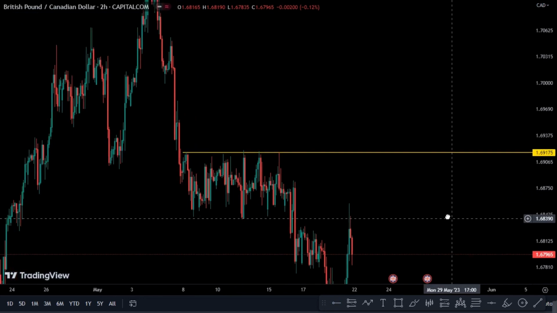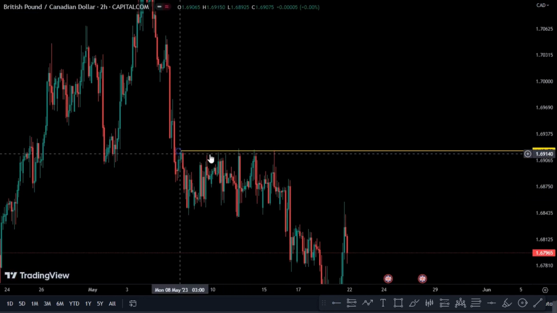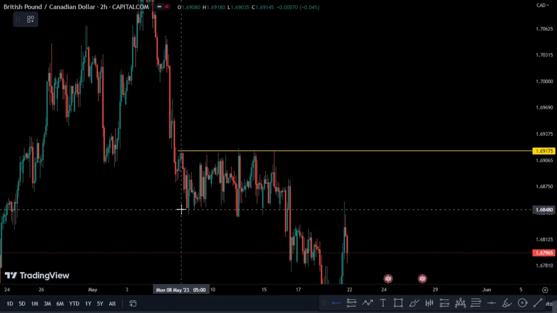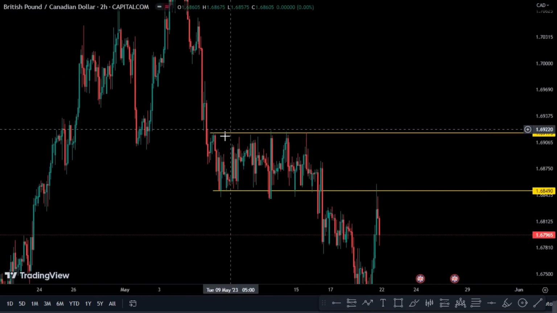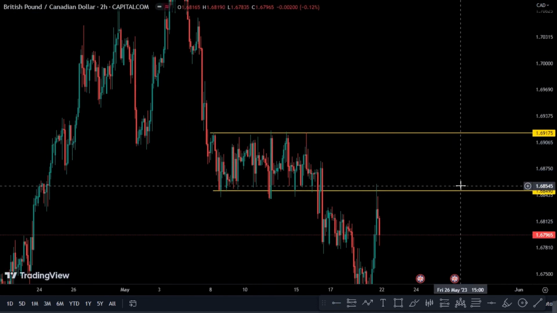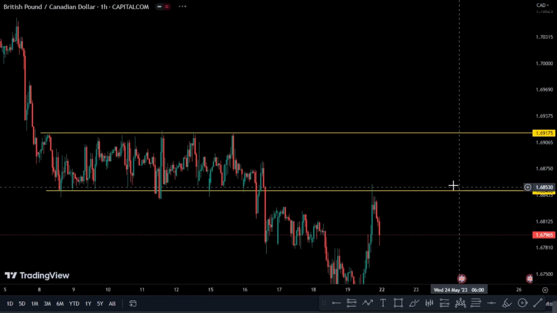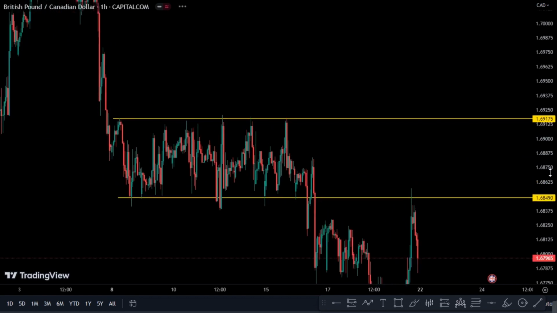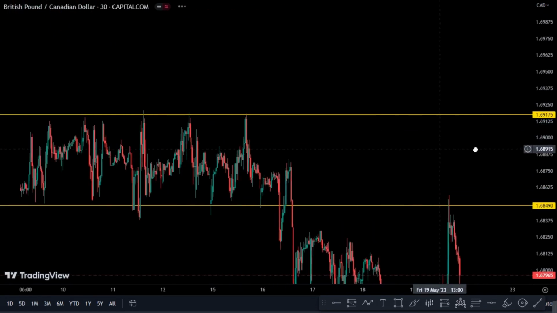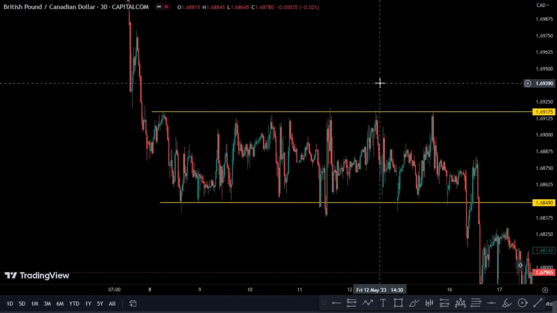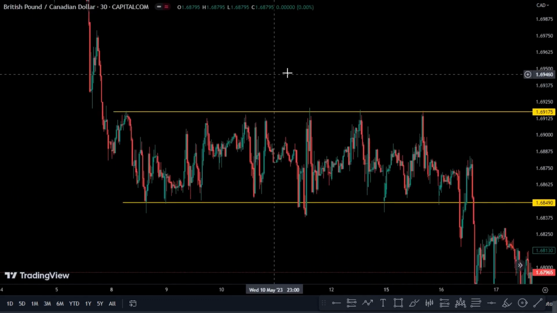Okay, so you would highlight your resistance level like that, and then you also highlight your support structure like this as well. So once you have those configured like that, you want to switch to smaller time frames. Okay, you switch to a 30-minute time frame or a 15-minute time frame.